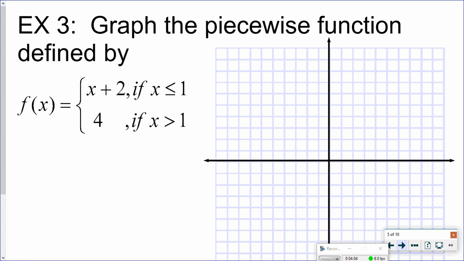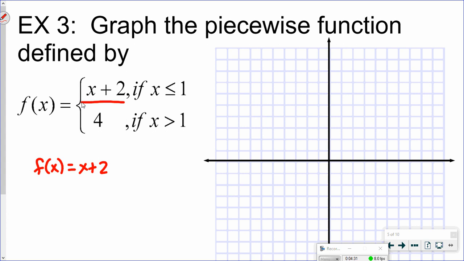So I have two functions. The top one is linear. And if I think about transformations with this, so my parent function is f of x equals x, and then a +2 at the end would be a vertical shift of 2. Okay.